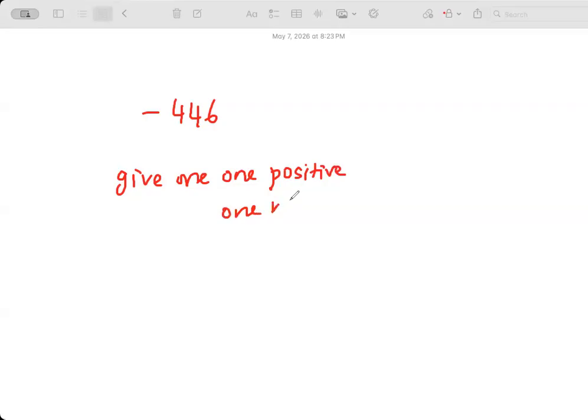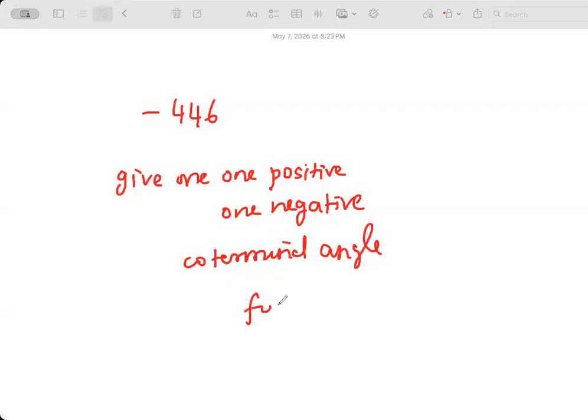Tell me one positive and one negative coterminal angle for minus 446. Give me one positive, one negative coterminal angle for minus 446 degrees.